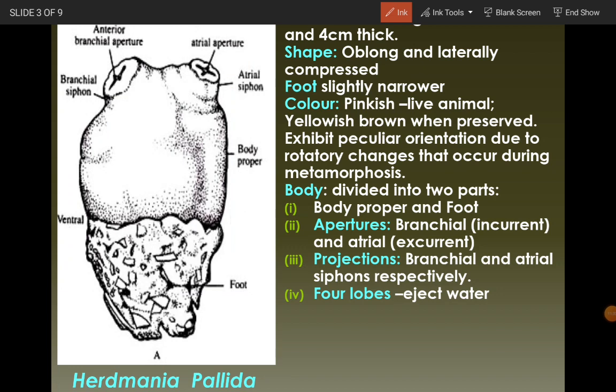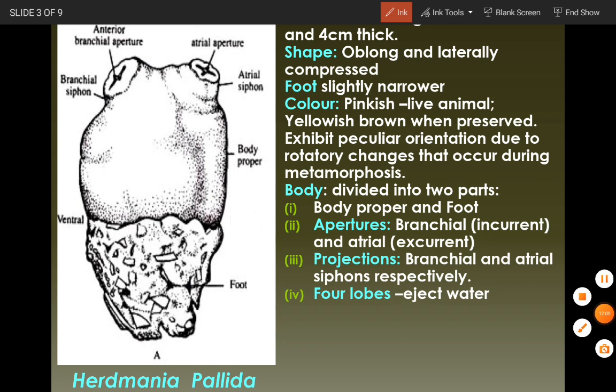We said there are two apertures. One is the branchial aperture, through which the water enters the body of Herdmania, and this water carries the food and oxygen. This branchial aperture is larger when compared to the atrial aperture.